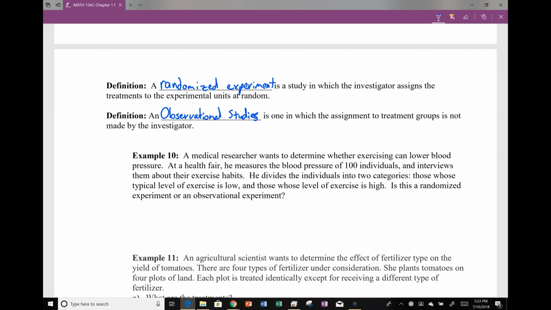Okay? This is an observational study because you cannot go up to somebody and say, you must smoke, you cannot smoke. They've made a choice as to whether they're going to smoke or not. And you can observe the effects of the smoke or the outcomes, but you cannot make it to where different people smoke.